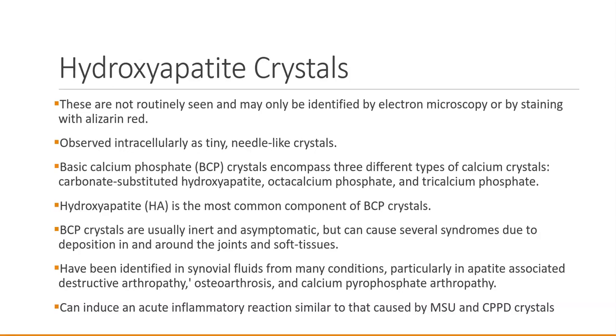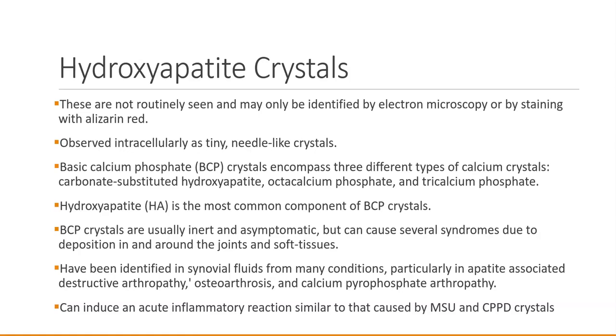They're observed in electron microscopy intracellularly as tiny needle-like crystals. Basic calcium phosphate crystals encompass three different types of calcium crystals: carbonate-substituted hydroxyapatite, octacalcium phosphate, and tricalcium phosphate. Hydroxyapatite is the most common component of a BCP crystal.